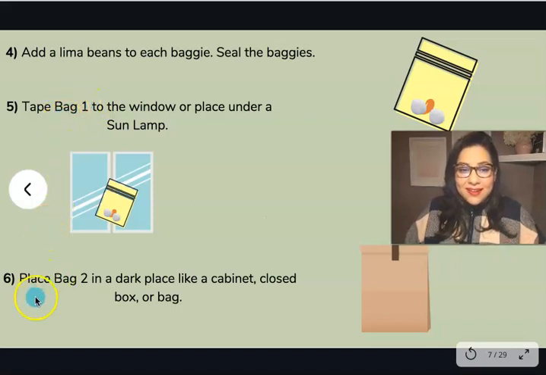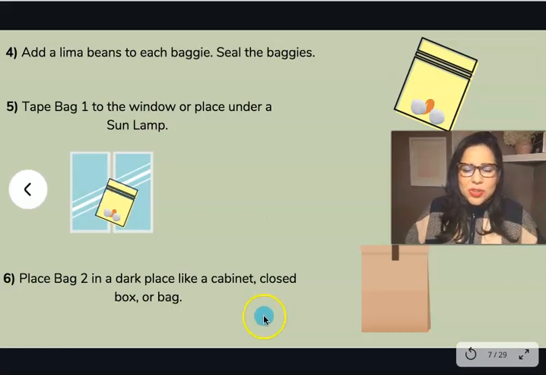For step six, you're going to place bag two in a dark place, like a cabinet, closed box, or even a paper bag. And there are other dark environments that you can use as well, so don't feel like you are limited to just these three. The idea here for number six is that you want to have that second baggie in a dark location that's not getting sunlight.